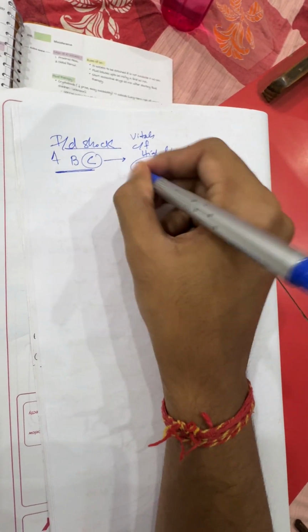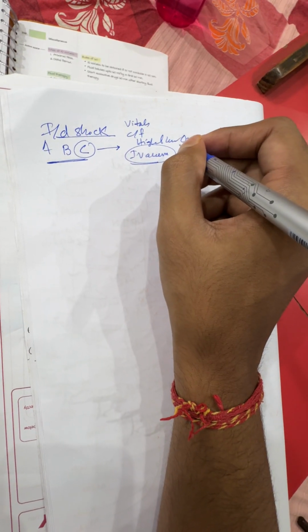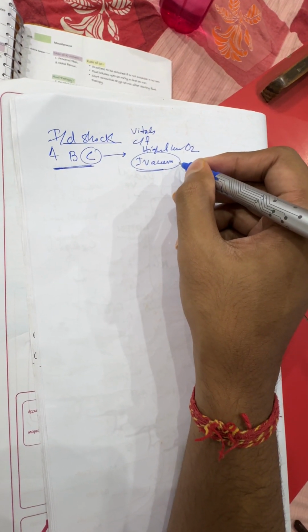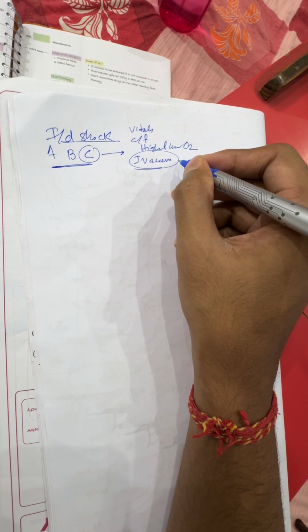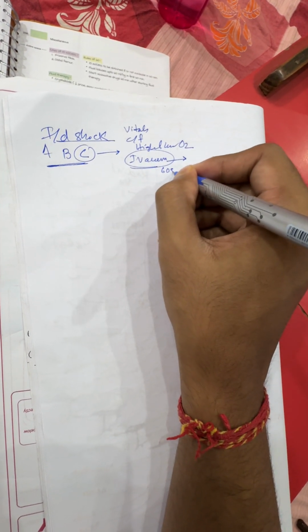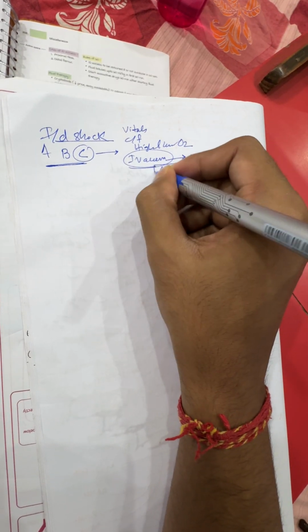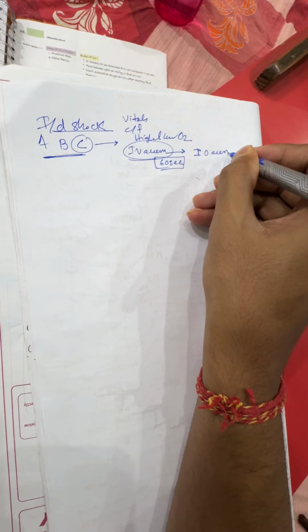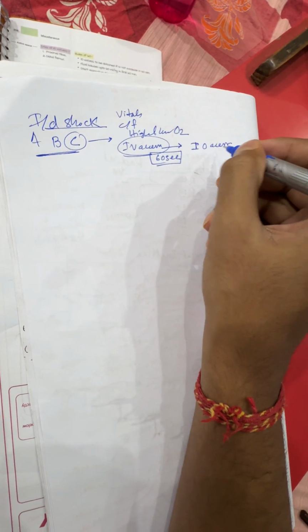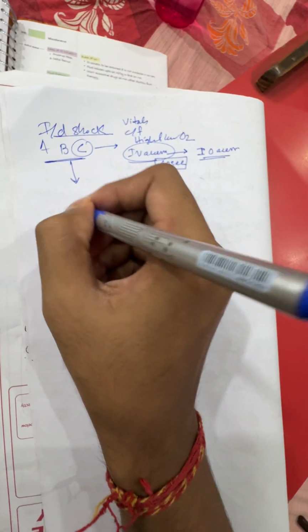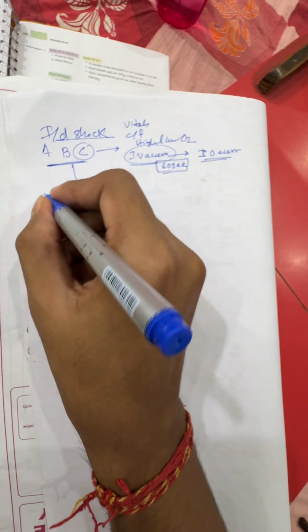And if IV access cannot be obtained, like if there is a huge amount of burns, or the patient is not stable enough, is agitated, then if within 60 seconds we could not establish an IV access, we'll go for IO access, intraosseous access.